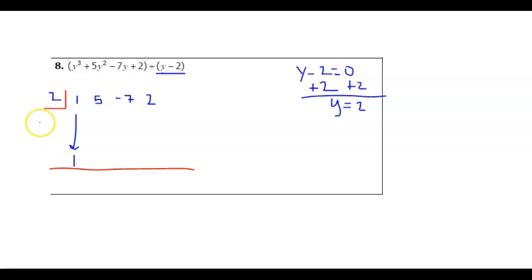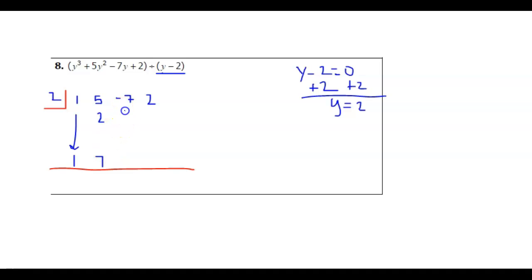Then I'll multiply and add. So I'm multiplying 2, what's in my box, times the coefficient. 2 times 1, that's 2. I write it under my next coefficient. And then I add 5 plus 2 is 7. I write that on the line. And then I'll multiply again. 7 times 2 is 14.